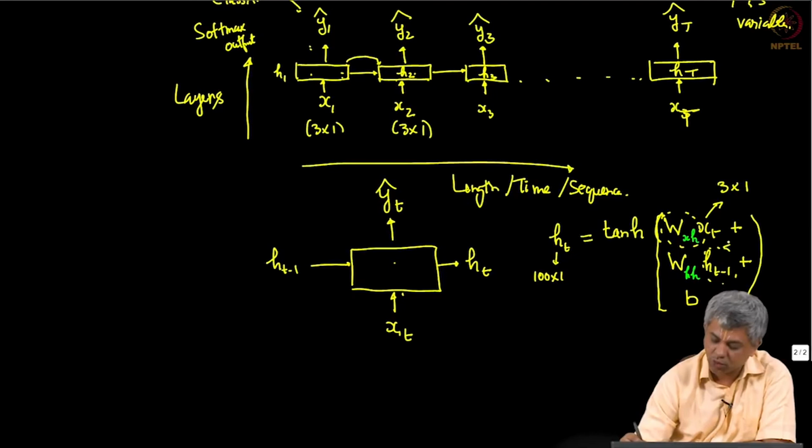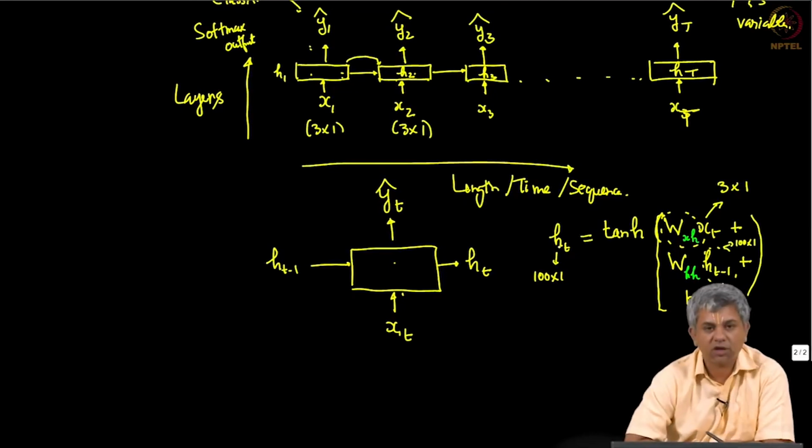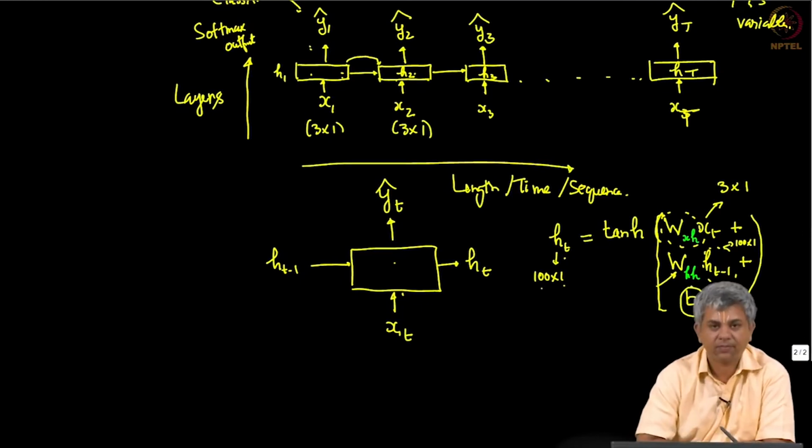Similarly, ht minus 1 is a 100 cross 1 matrix, ht is also a 100 cross 1 matrix. What should be the size of whh? Please think about it. ht is a size of 100 cross 1, what should be b? If you are thinking about it, please pause the video for a second, think about it, work it out and then come back. I will show you the answer after you return.